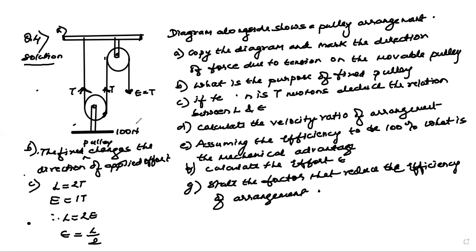Calculate the velocity ratio of the arrangement. Got it? If the load moves up by a distance x, then each of the two strings balancing the movable pulley has to move up by a distance x.